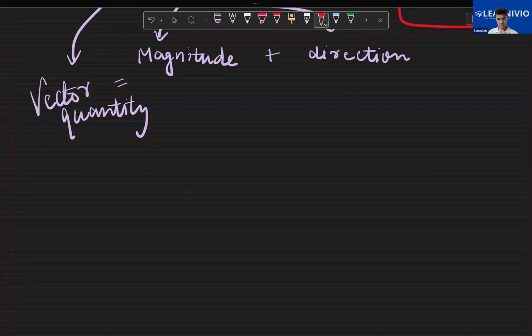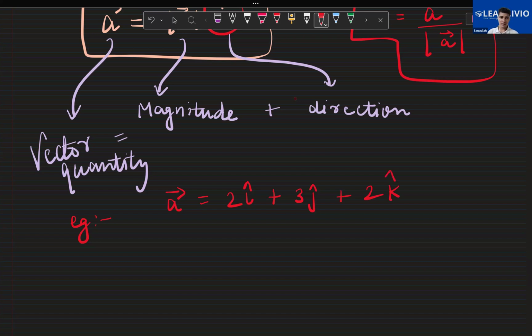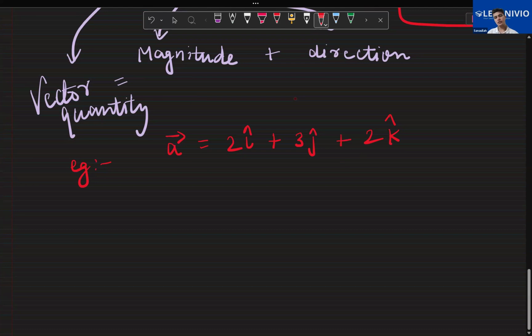Yes. Okay, so let's do an example on this. You have to solve this question. Let's say this is my vector A, that is 2 I cap plus 3 J cap plus 2 K cap.